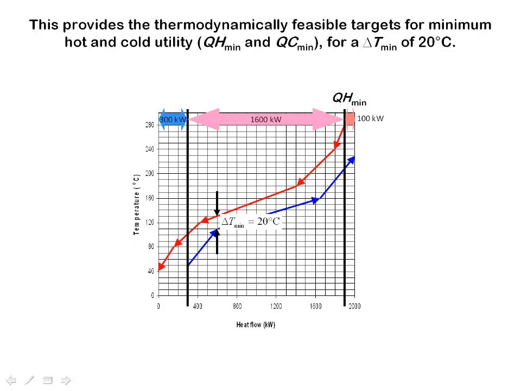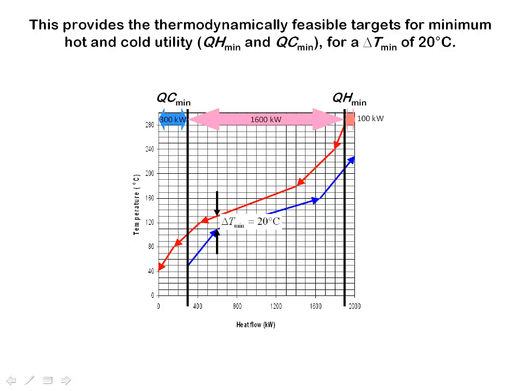So for our particular example, the minimum amount of hot utility is 100 kilowatts. The minimum amount of cold utility is 300 kilowatts. And if you design a heat exchanger network that delivers this, that gives you only 100 kilowatts of steam usage or hot utility usage and only 300 kilowatts of cold utility usage, then you know that you've done the best that you can.